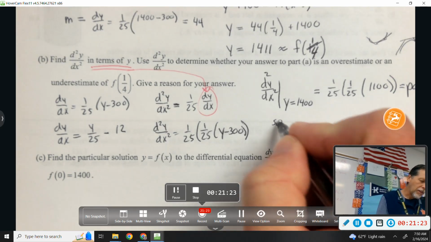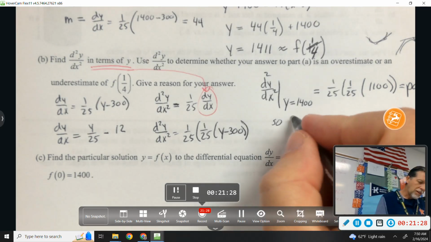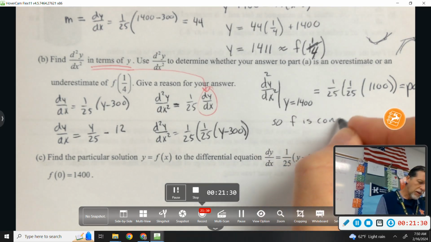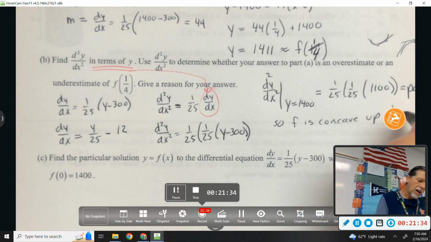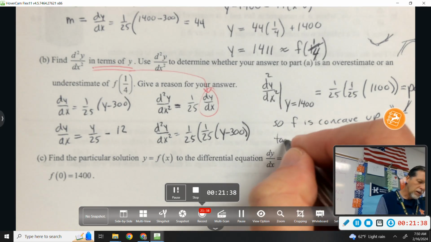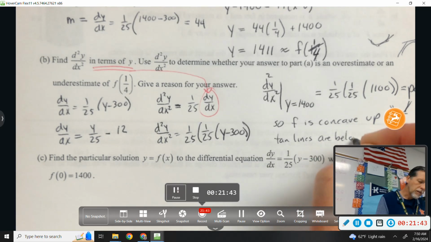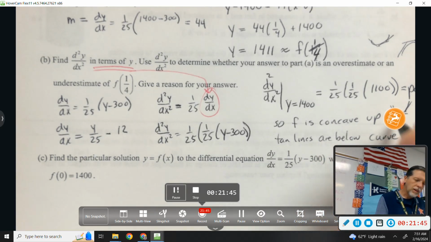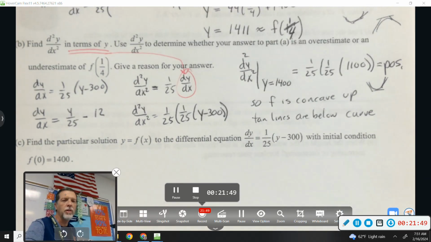Okay, so now the logic comes in. Second derivative is positive. That means f is concave up. And if we're concave up, that means the tangent lines are below the curve. Again, this is not stuff I memorize. This is stuff I sketch out and think through.